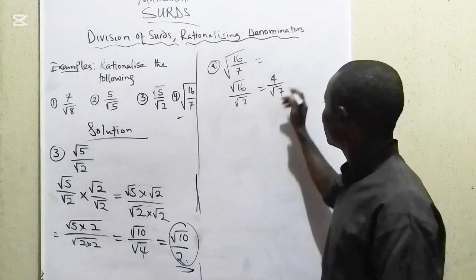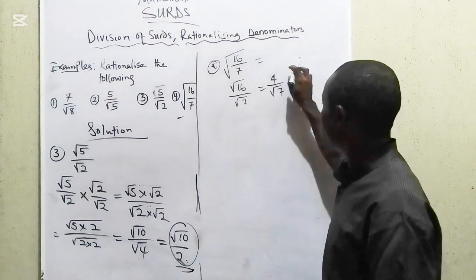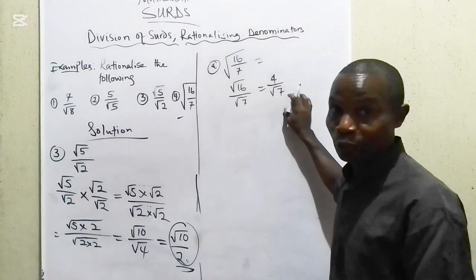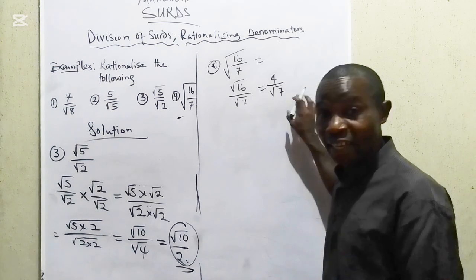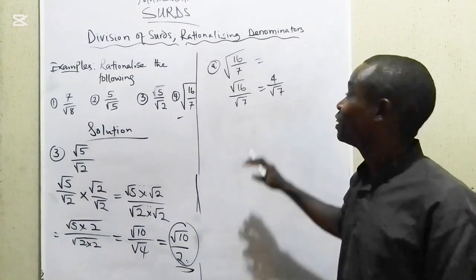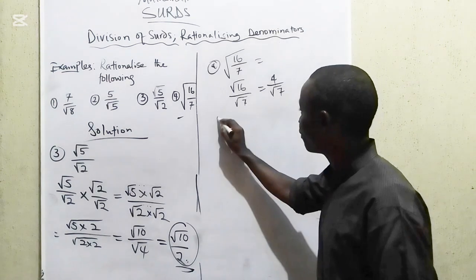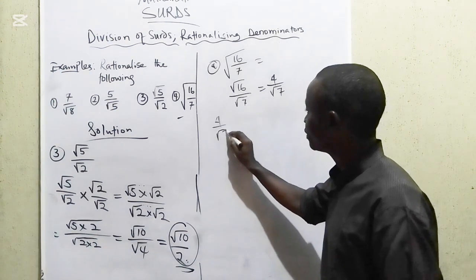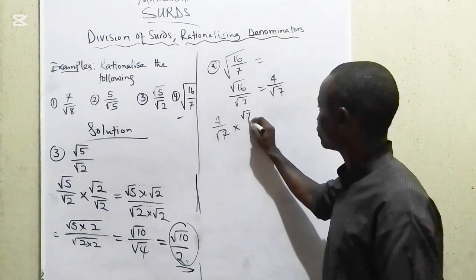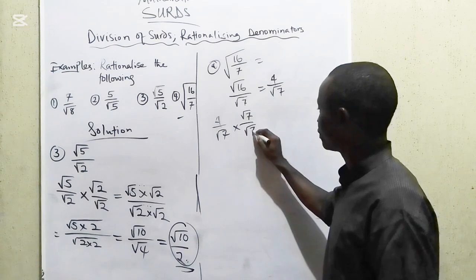So what do we do? We'll multiply the numerator and denominator by the surd in the denominator, in which case the denominator is entirely surd. So what we'll have is 4 over root 7 times root 7 all over root 7, right?